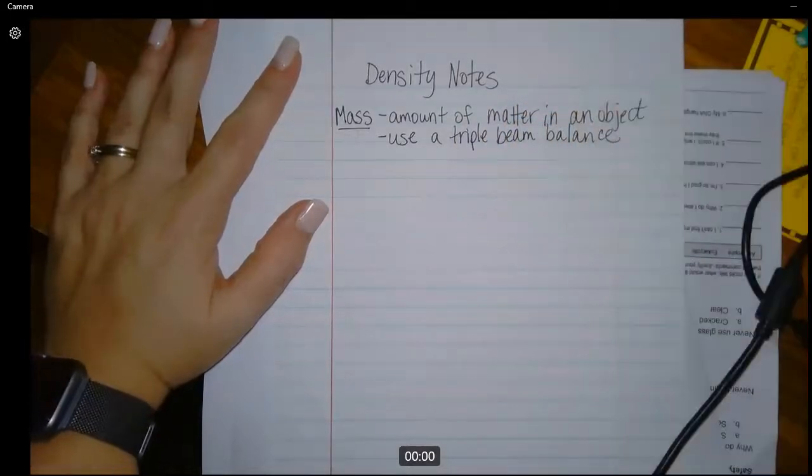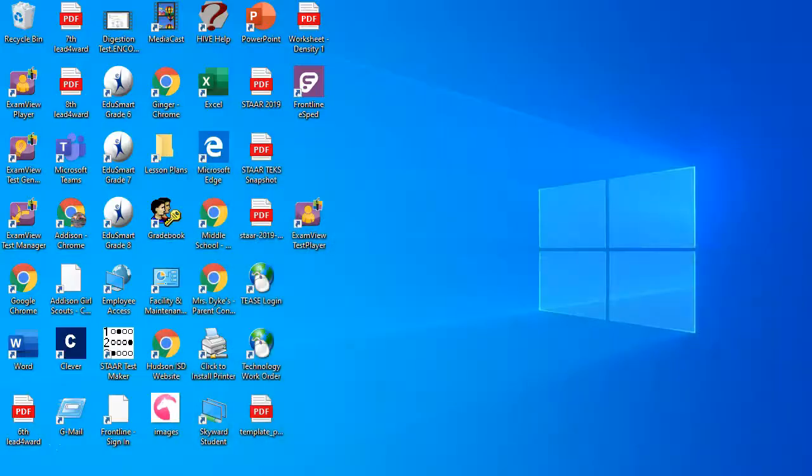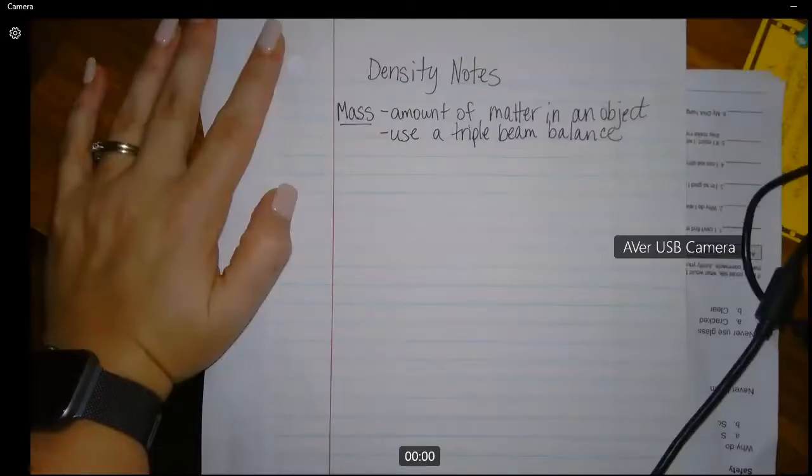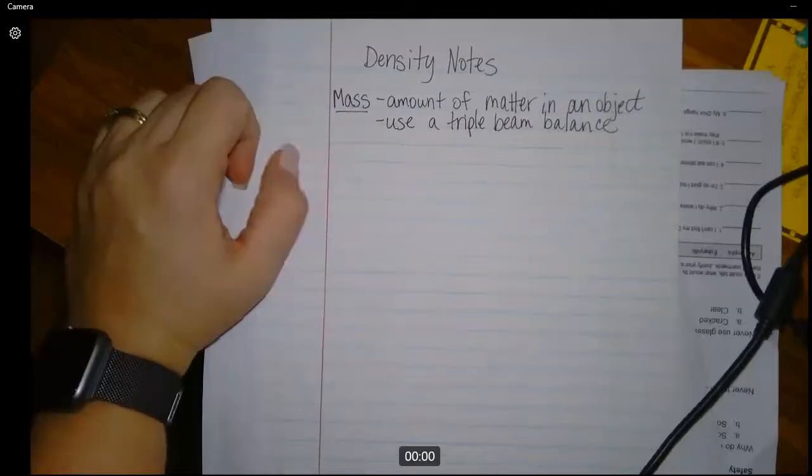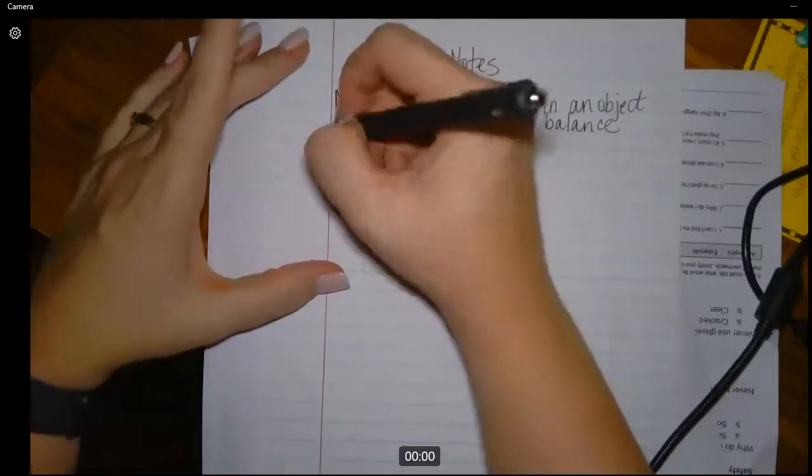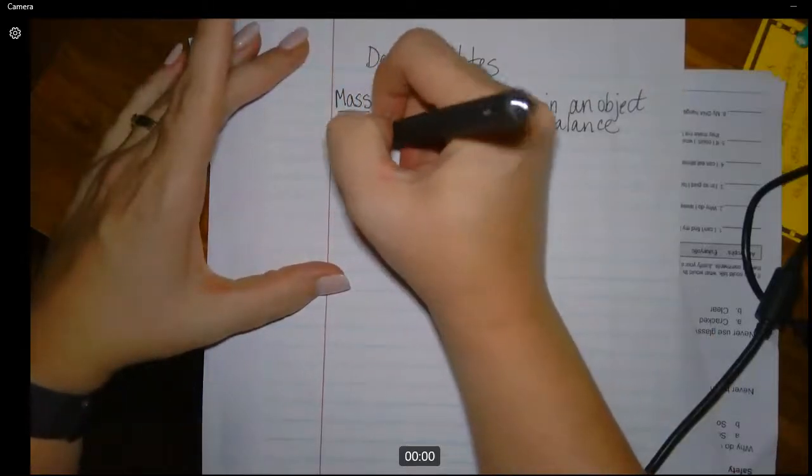The video might lag a little bit, I'm sorry. You use a triple beam balance, which I'm sure you probably used in 5th grade.